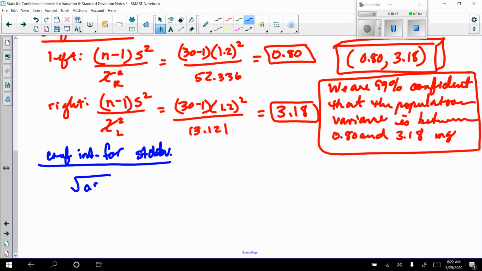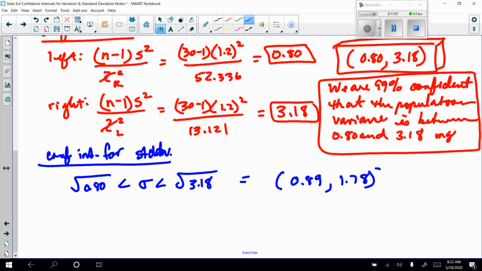Square root of 0.80 and the square root of 3.18, which gives me the interval of 0.89 to 1.78.